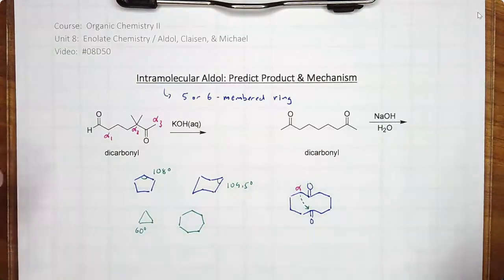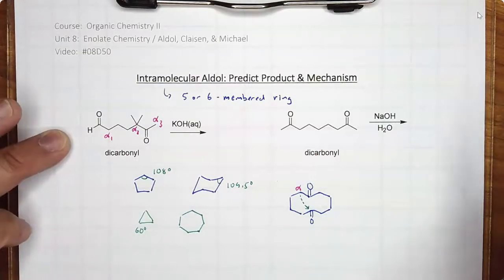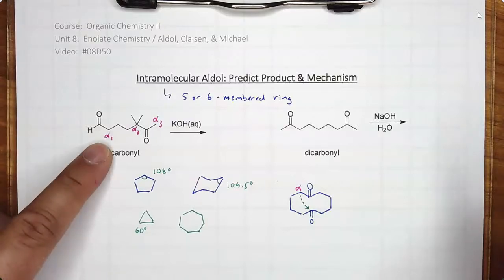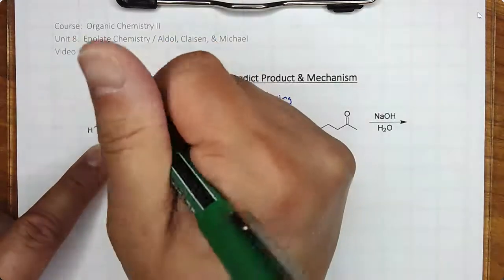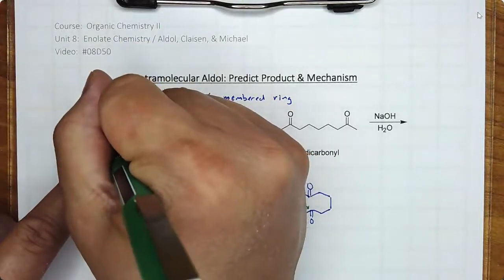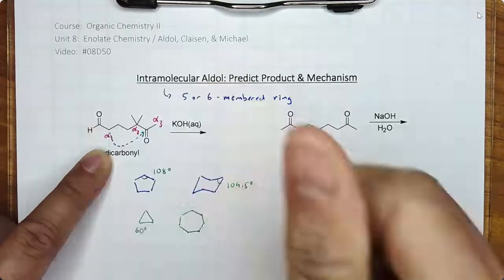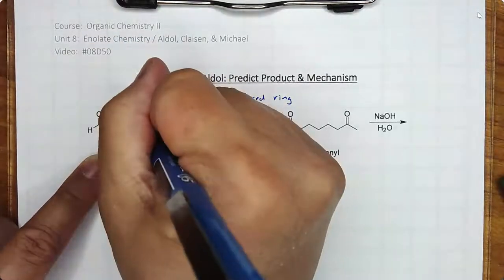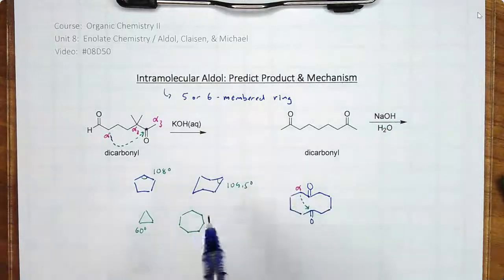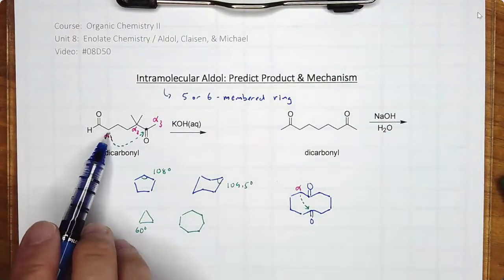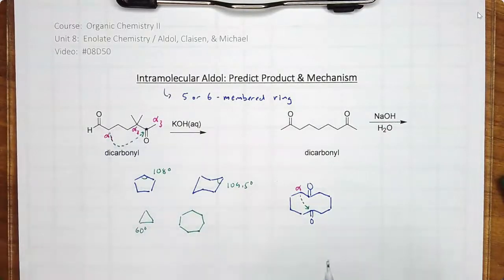So let's go back to this dicarbonyl example, because if I make the enolate at this carbon at A1, I can attack, oh, this looks actually good. I can attack this carbonyl right here, correct? And close the bracelet. And that ring will have 1, 2, 3, 4, 5 carbons.